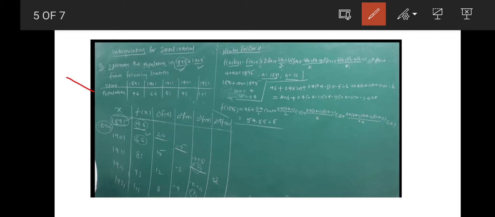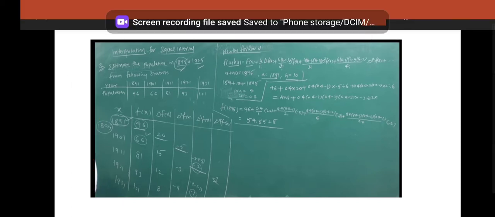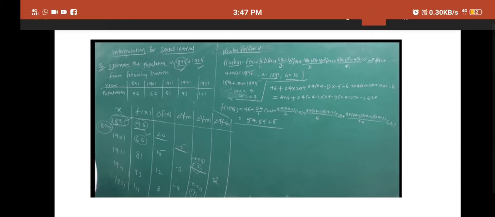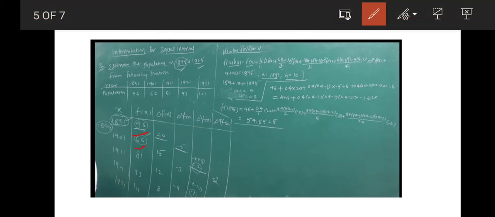method. The concept is that we write the values of x, then we write the values of f(x), then we calculate the value of delta f(x). To calculate delta f(x), we subtract the values of f(x) from lower side to upper side, like 66 minus 46 will give 20, 81 minus 66 will give 15, 93 minus 81 will give 12, 101 minus 93 will give 8.